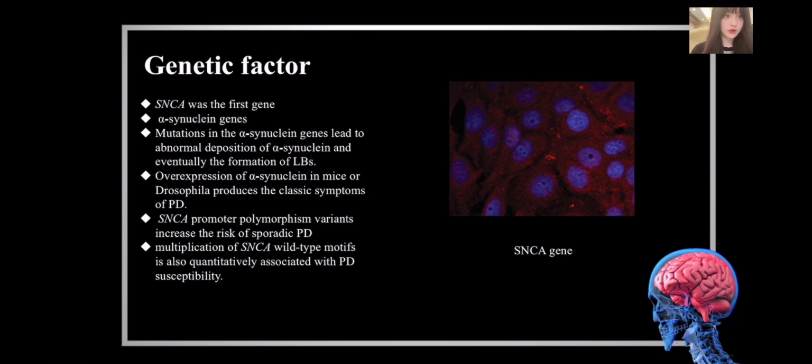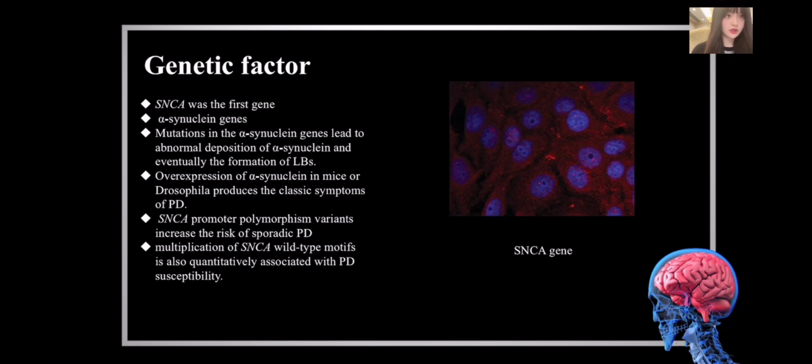In addition, it has been shown that SNCA promoter polymorphism variants increase the risk of developing Parkinson's disease. Multiplication of SNCA wild-type alleles is also quantitatively associated with Parkinson's disease susceptibility. For example, additional copies of SNCA lead to earlier age of onset and more severe symptoms such as dementia.